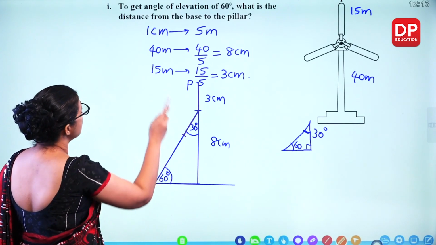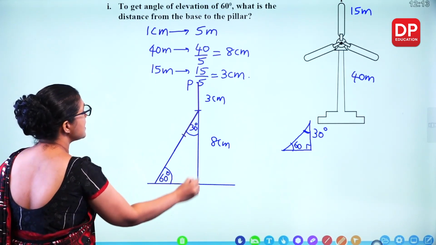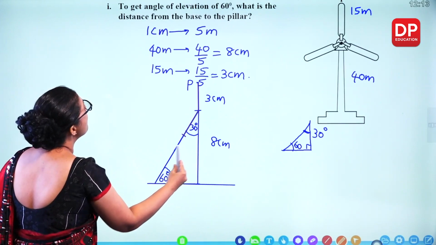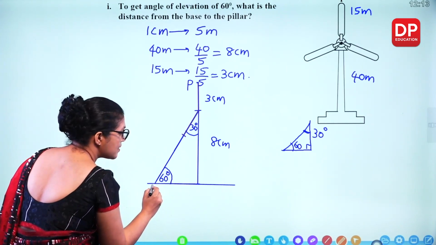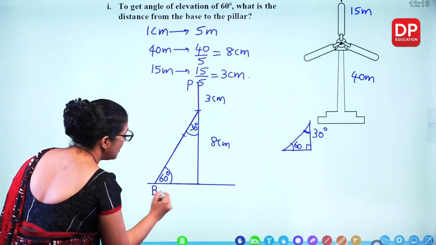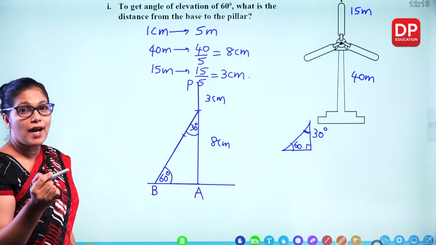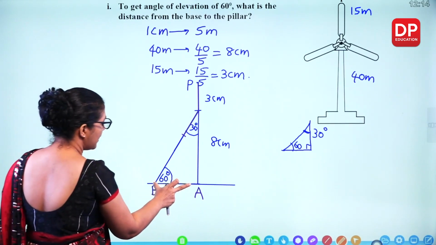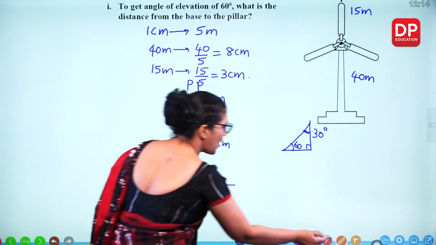So now they are asking to get angle of elevation 60 degrees. What is the distance from the base to the pillar? So this distance, okay, this is the base and this is the pillar. We'll say take A. So we need to find out the actual length of AB. So we'll calculate.